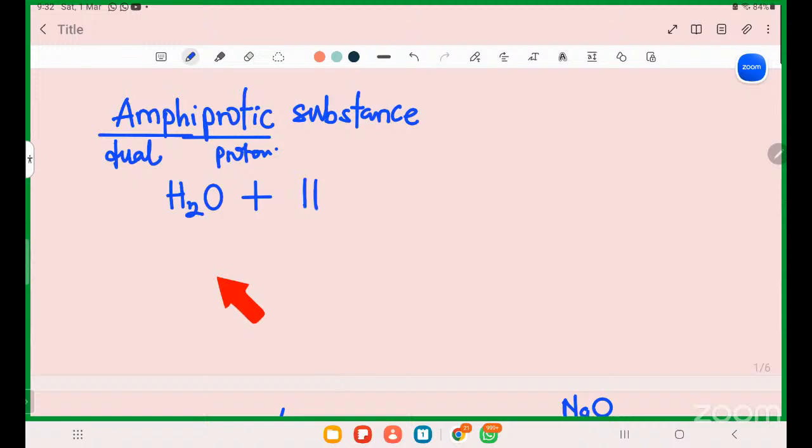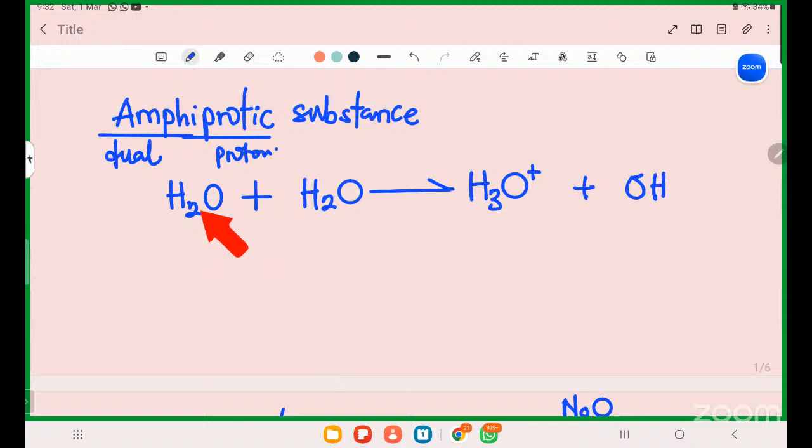So look at this reaction between water and water. When water reacts with water, one of the water will donate a proton to the other, and it's going to become H3O+. Then this one will remain OH-.